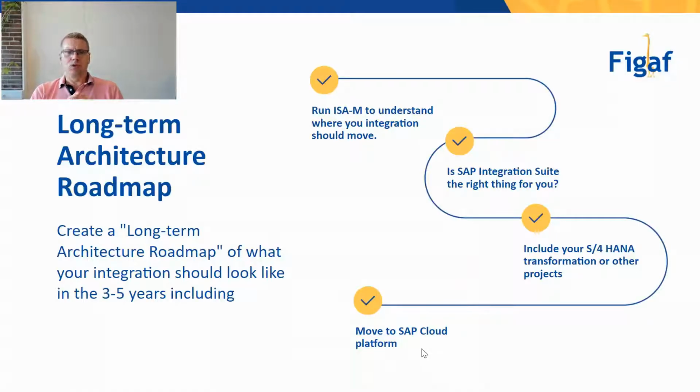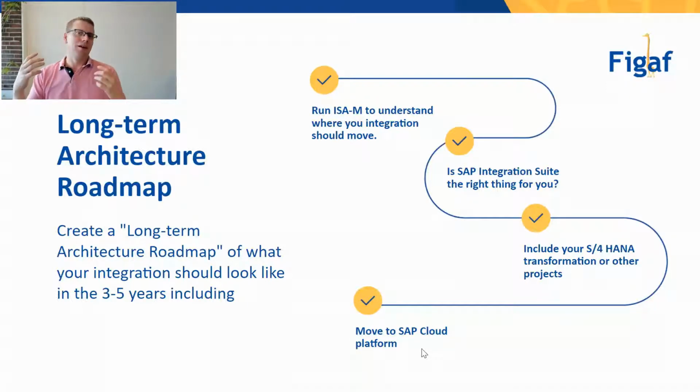So do yourself a favor and understand what your architecture is going to look like in the next 5 years. I think a good way to start is to use the ICM methodology, where you can go through a lot of these things and understand the different integration use cases we have and how they work out.